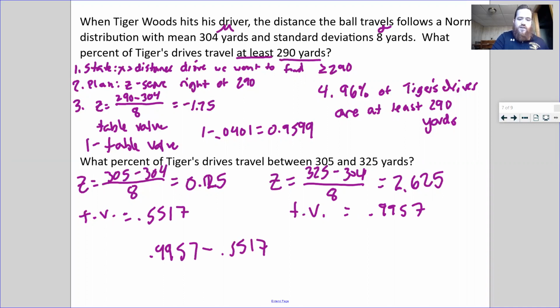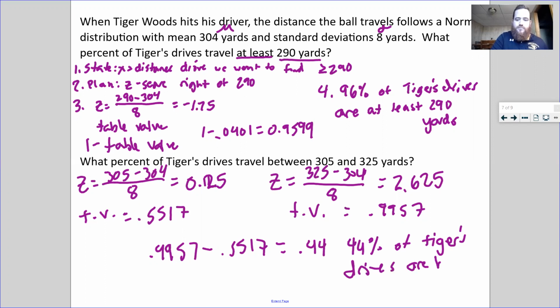And I rounded it to get 0.44. So that means 44% of Tigers' drives are between 305 and 325.